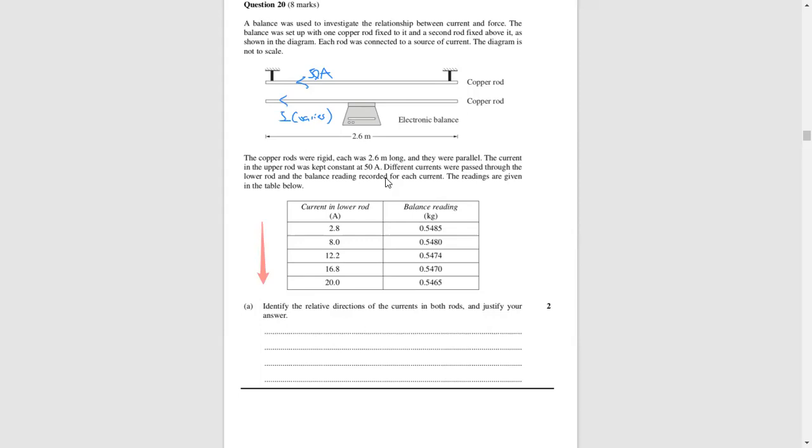As you increase the current, what happens to your readings? Well, you go 0.5485, 5480, 5474, and so on. So as you go down, the current increases, but the balance reading decreases.